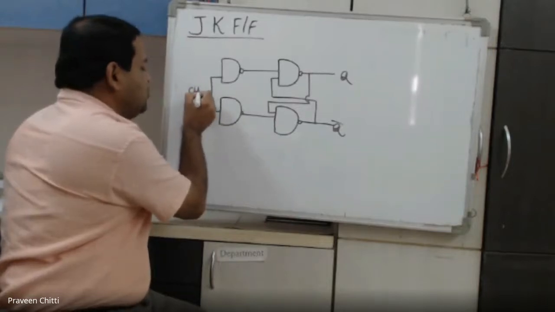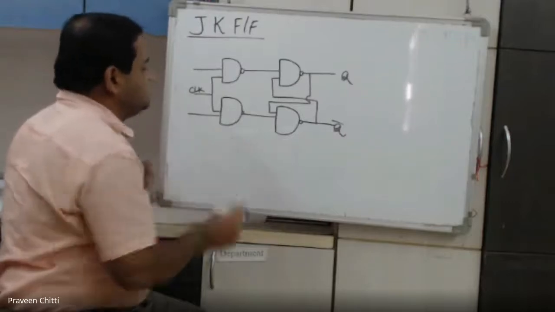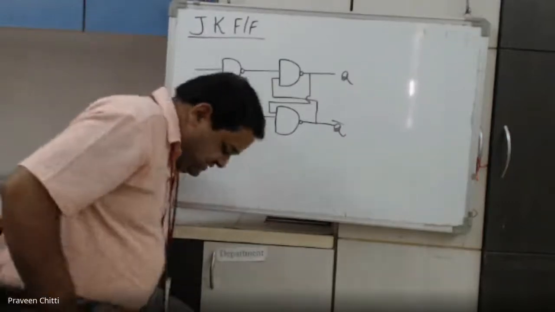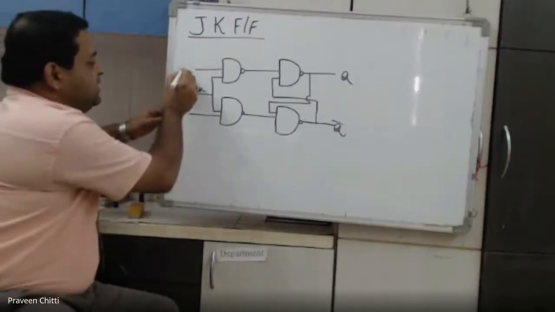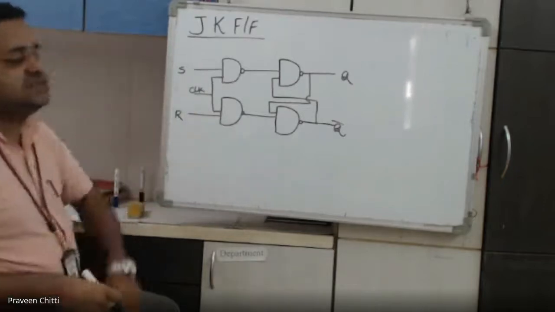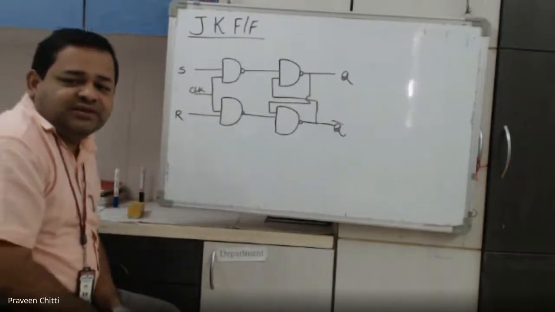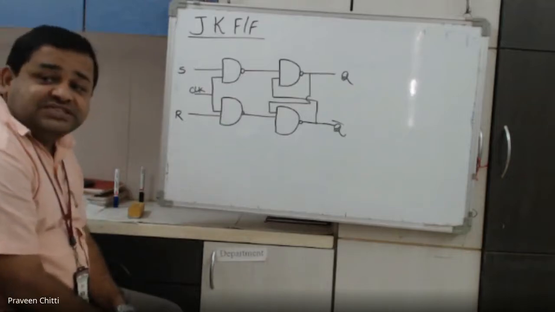Here we'll give the clock, and then we have these 2 inputs, which we denote by S and R. This is a logic diagram of the SR flip-flop. Now how can we convert this SR flip-flop to JK flip-flop?